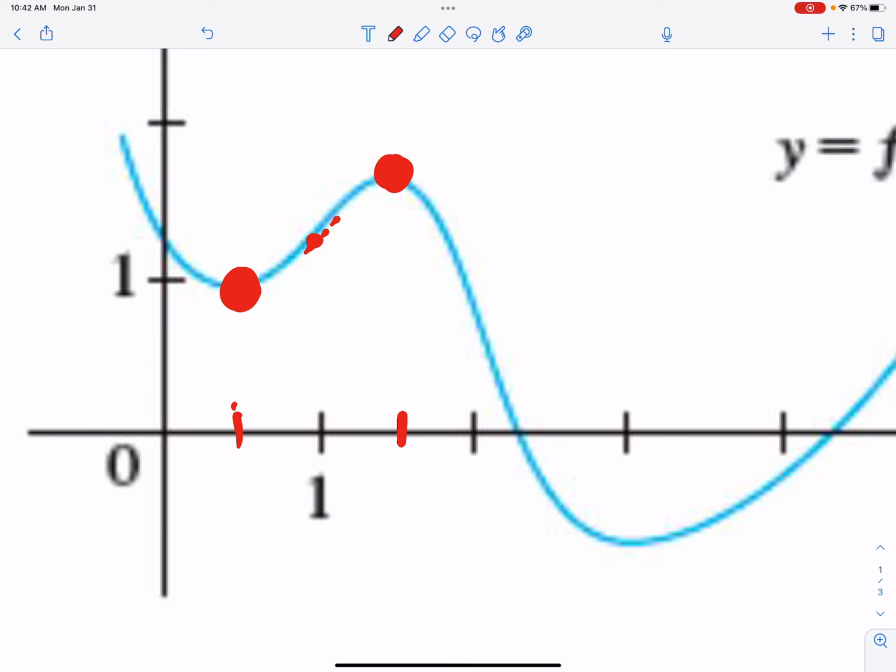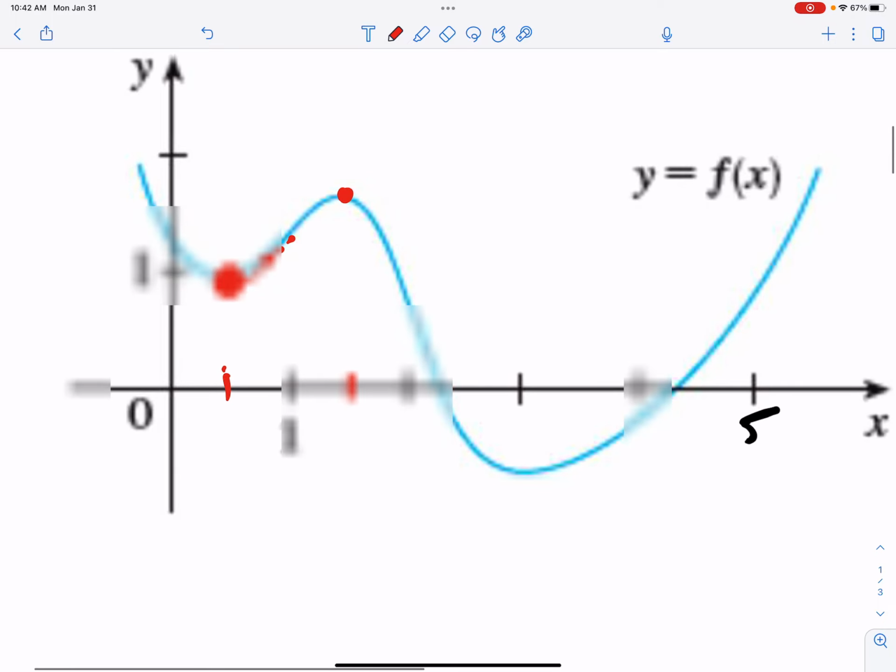If I pick another point, let's say this point right here, and I try to draw a tangent line to that, that's also going to have a positive slope. In fact, no matter what point you pick in this interval, all of these points will have positive tangent lines, positive derivatives.